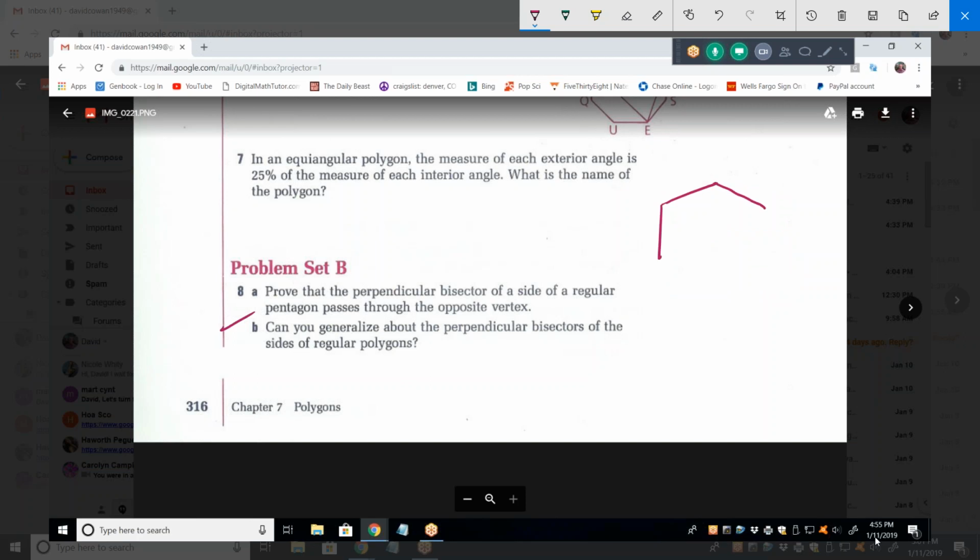This is where you kind of draw it as a house, only the bottom of the house is like that. Okay, so, nope. Perpendicular bisector does not go through the vertex. Perpendicular bisector does not go through the vertex. So what do you suppose the generalized theorem would be?